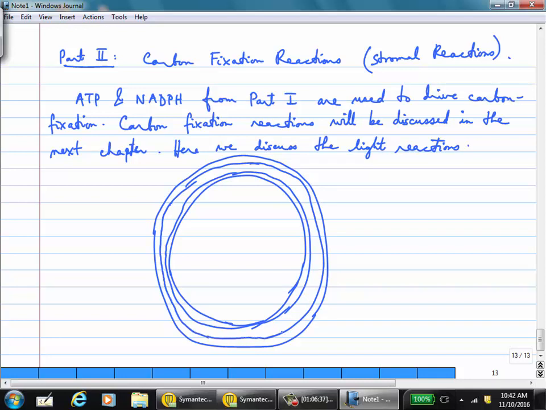Then in addition to that, inside the chloroplast you're going to have some stacked membranes. Those membranes are called thylakoid membranes. You have some membranes stacked inside, one on top of the other, like this.